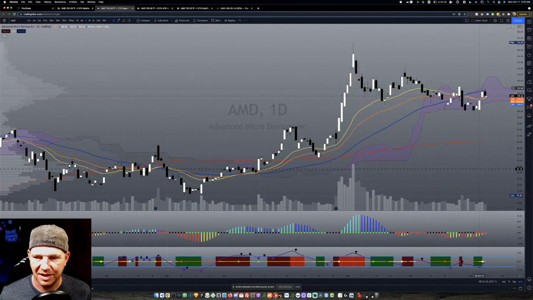I don't like it being in this cloud. I'm going to give AMD a couple more days, even though we've got a ready aim fire signal getting ready to fire off, a slingshot squeeze getting ready to happen. Similar to this move back here, slingshot squeeze release, we get a large move when that happens, especially being red and black. Those are high and medium compression squeezes. So when it does release, it should release pretty violently.